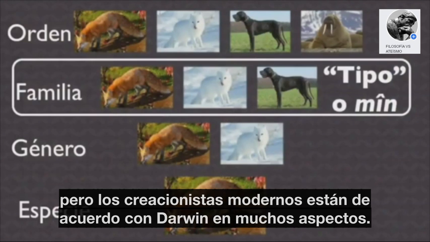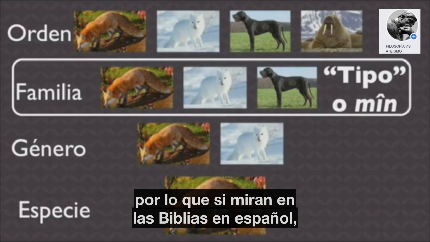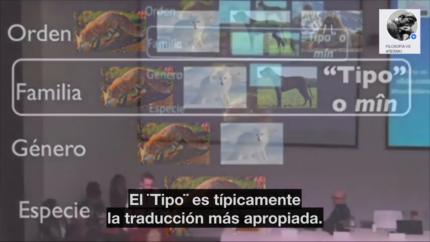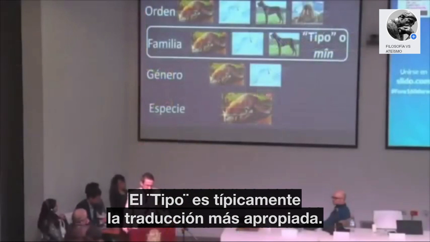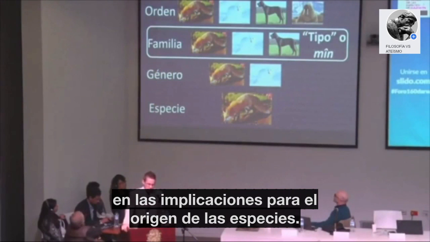But modern creationists agree with Darwin in many respects, and they believe that the created unit is roughly approximated by the level of family. So if you look in Spanish Bibles, some of them say species. The Hebrew term is min. The kind is typically the translation, the better, more appropriate translation. What I want to focus on is the implications for the origin of species.